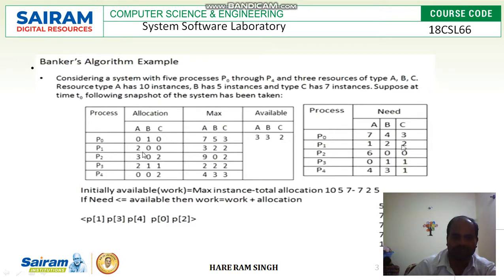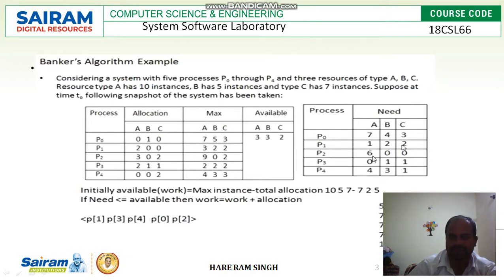Earlier work was available, so now work will be 3 plus 2 is 5, 3 plus 0 and 2 plus 0. So 5 3 2. So P1 is completed.